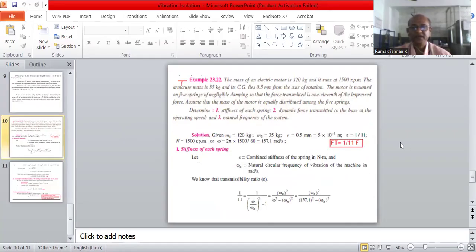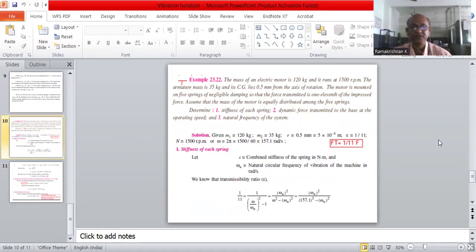So let us have a small example, a problem by which we can know the transmissibility ratio. The mass of an electric motor is 125 kg and it runs at 1500 rpm. The armature mass is 35 kg and its center of gravity lies 0.5 mm from the axis of rotation.